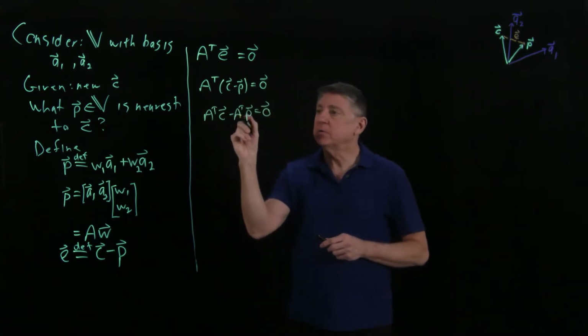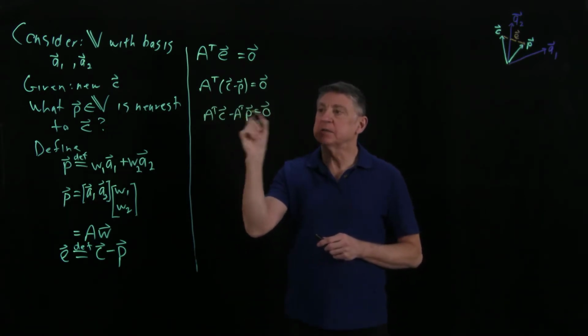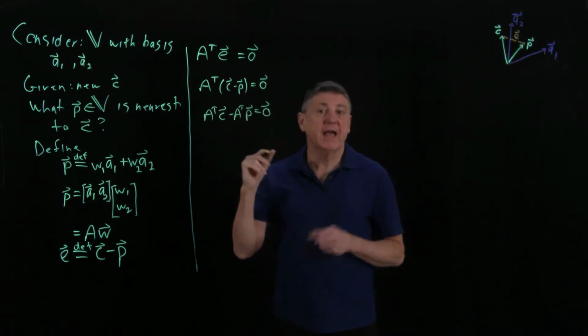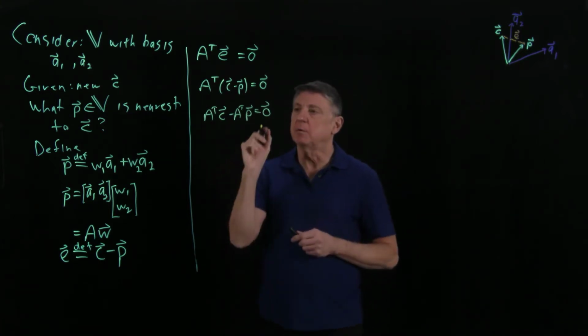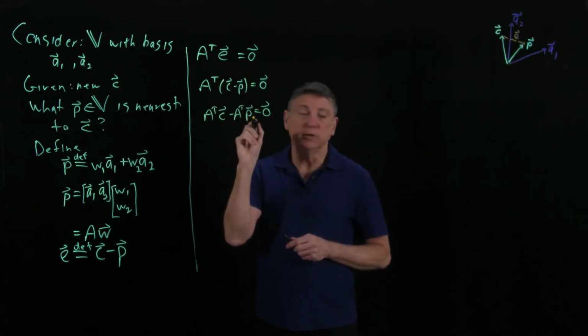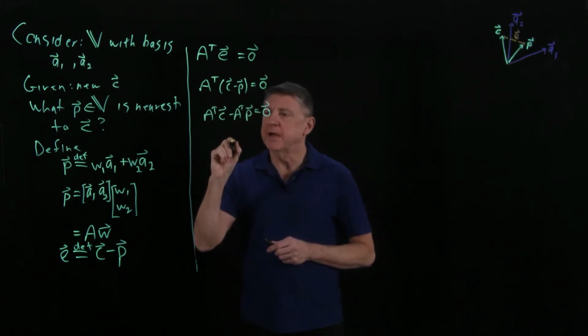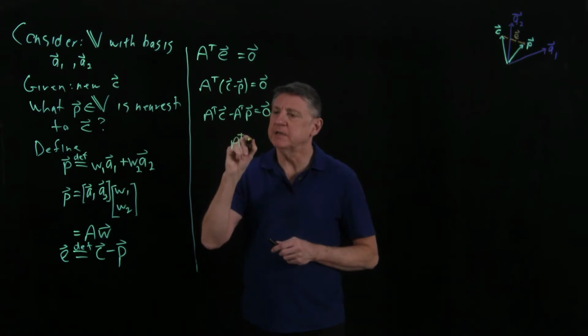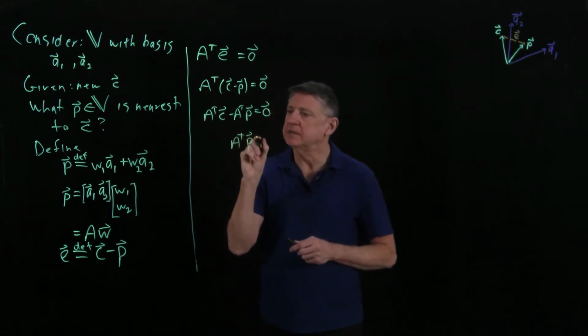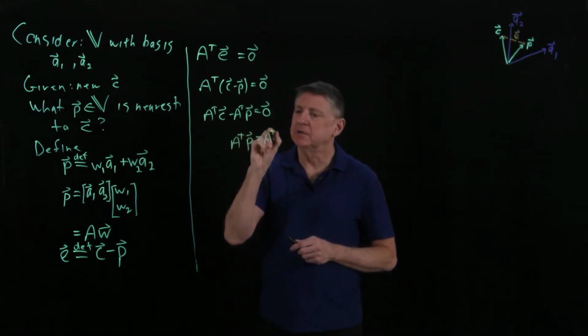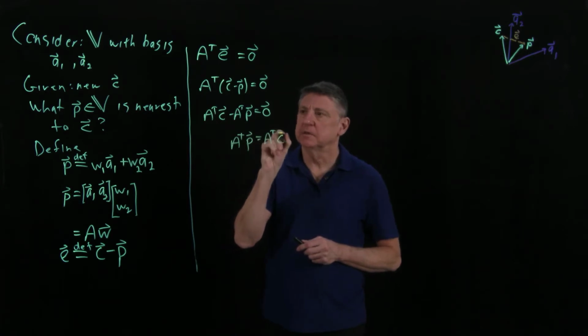And I can now take A transpose P to the other side, and out of convention, I will keep the P, which is the unknown, on the left side of the equation. So that would mean A transpose P has to equal A transpose C.